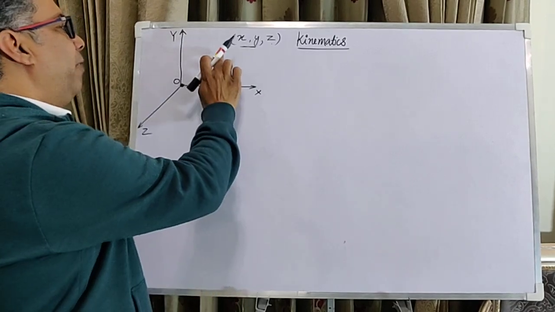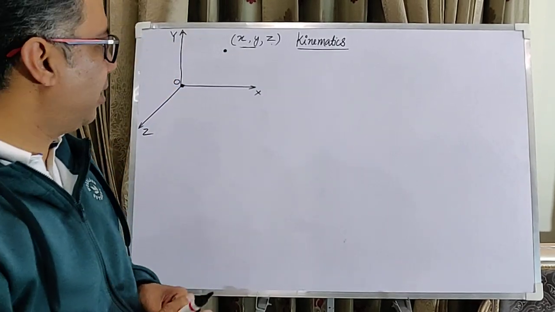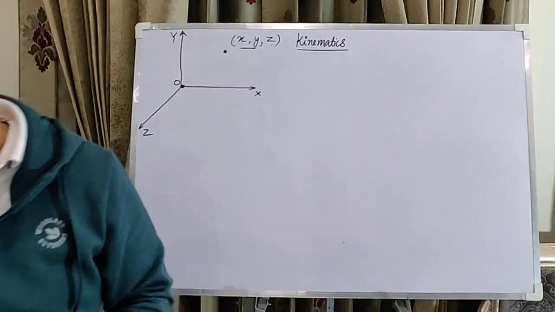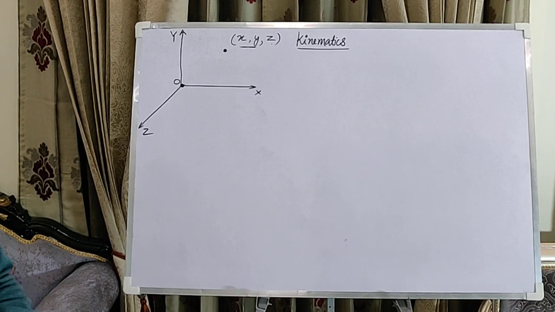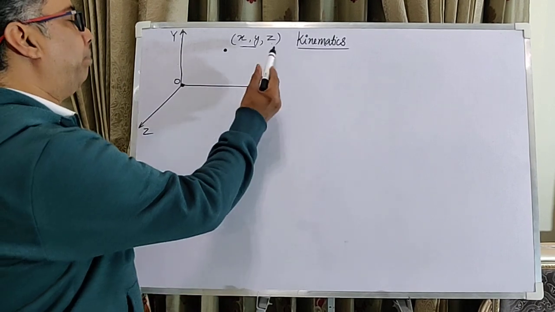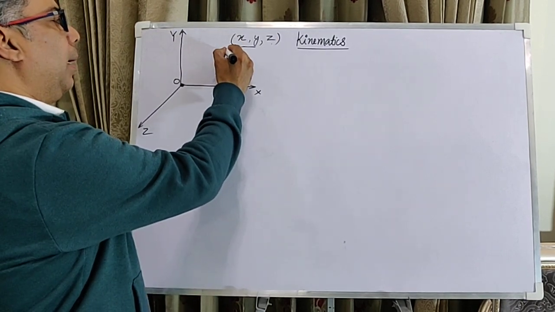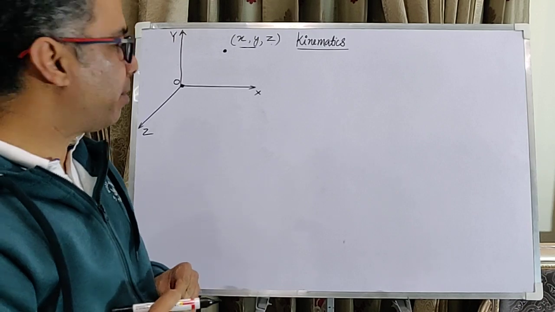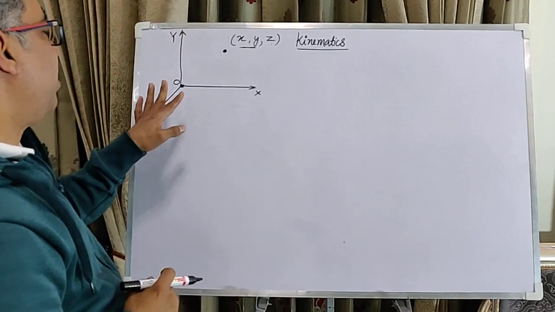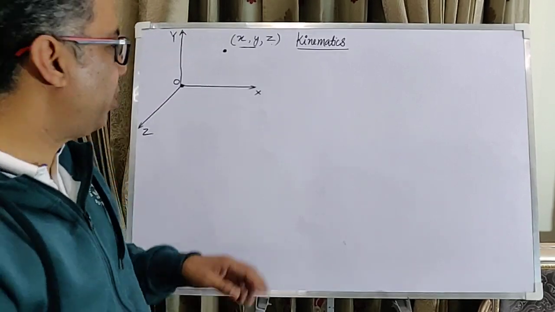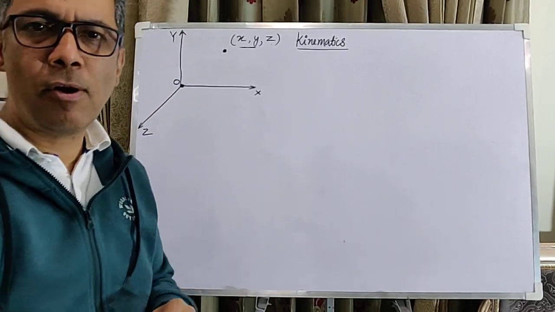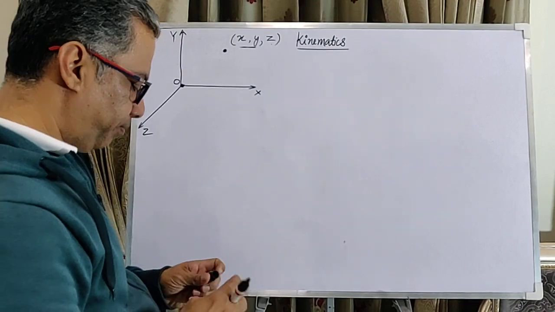Now, if we have reduced the moving object to a point, and we are now studying the motion of this point, the next thing that comes to our mind is whether the object with respect to which we are studying the motion is itself at rest or in motion.